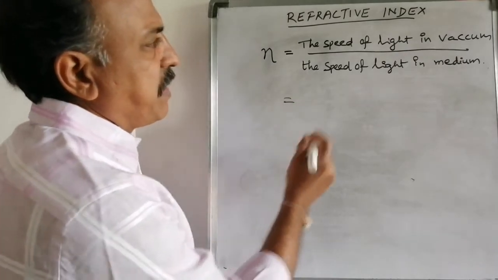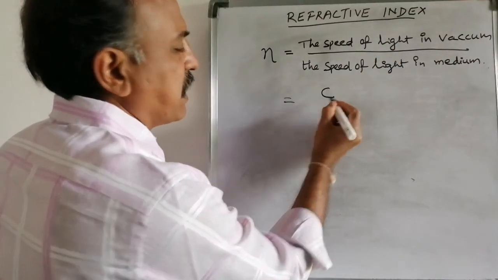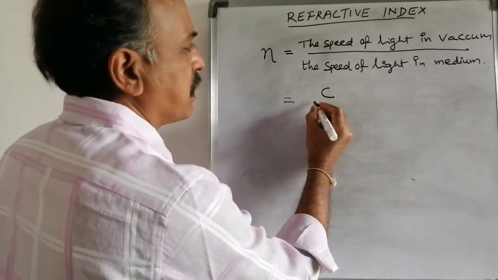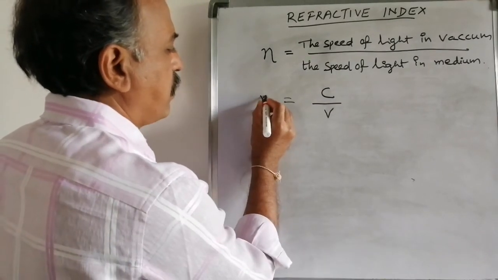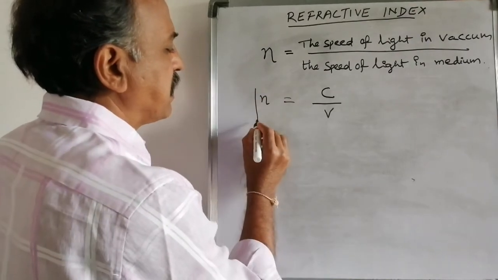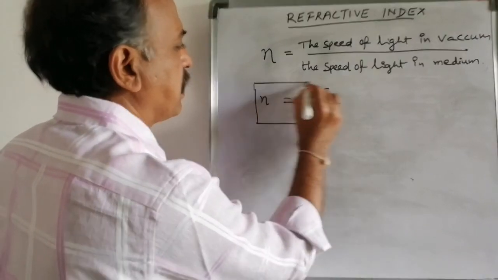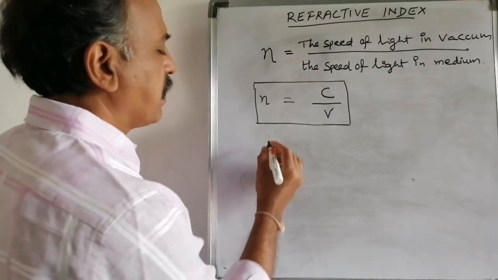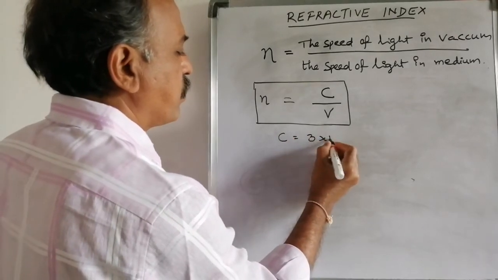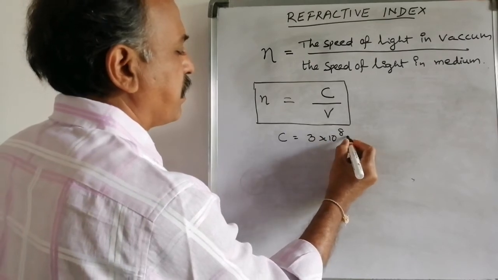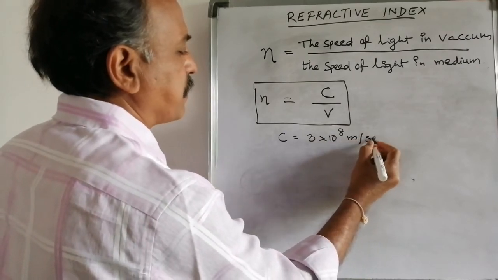The speed of light in vacuum is generally indicated with c, and the speed of light in medium with v. So refractive index n is equal to c by v. Here the value of c in vacuum is 3 × 10^8 meters per second.